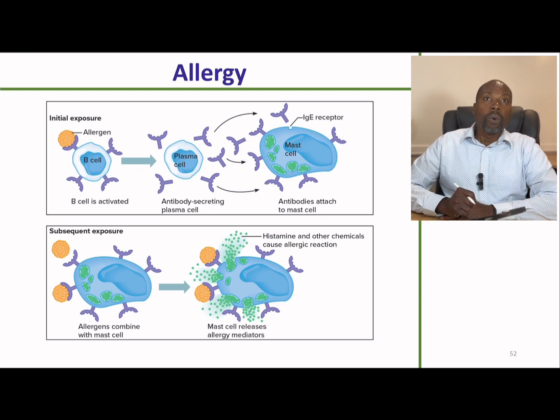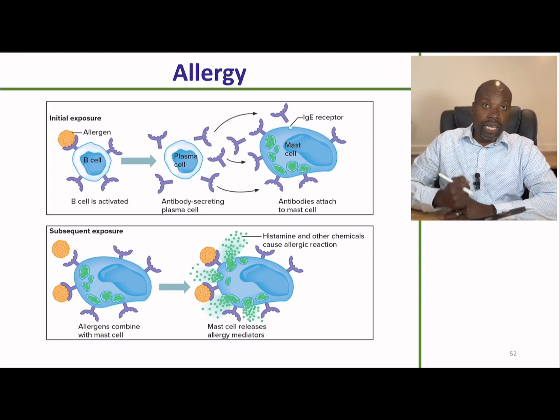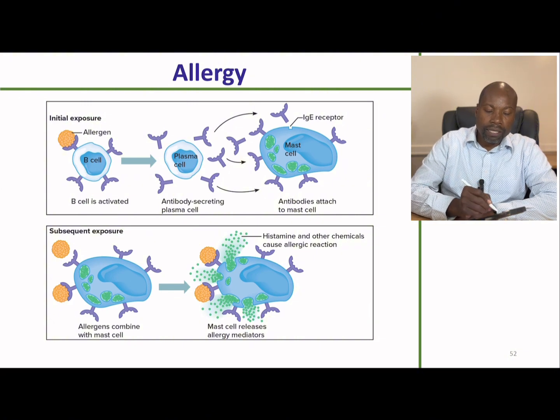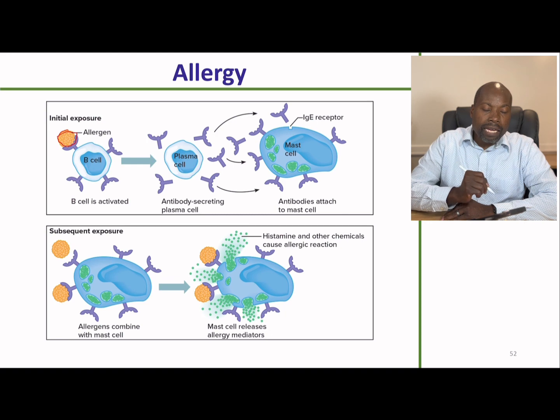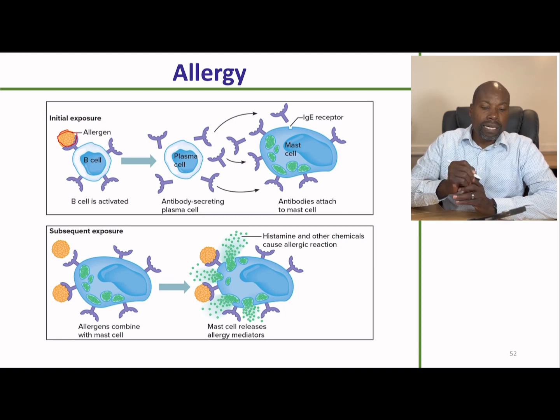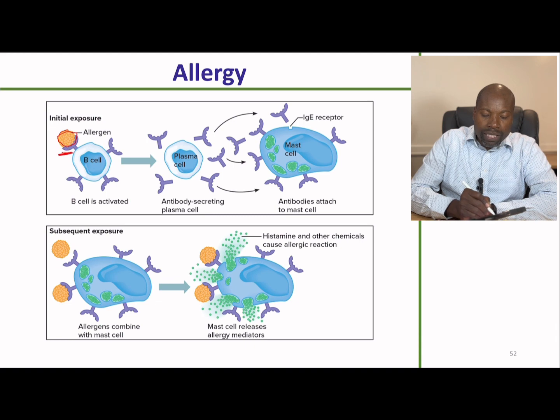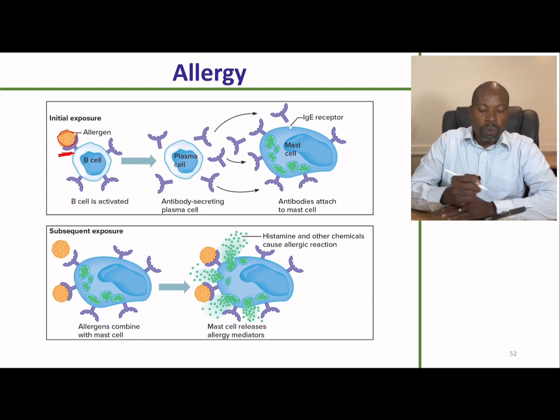Now, when an allergen comes in, what specifically happens? So if we consider an allergen such as pollen, right? An allergen such as pollen is going to come and bind on a B cell receptor, right? On that B cell receptor, upon binding, well, obviously the B cell now is going to be activated.